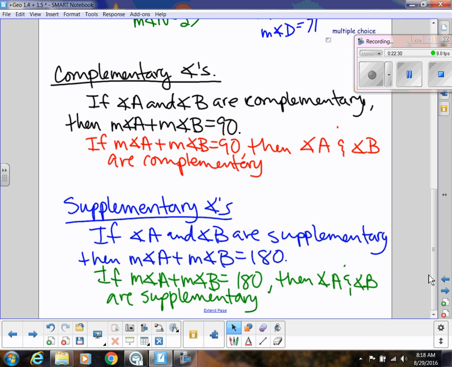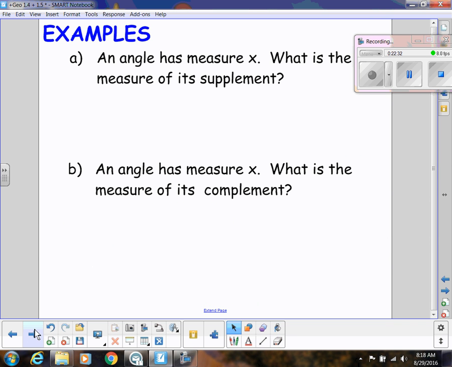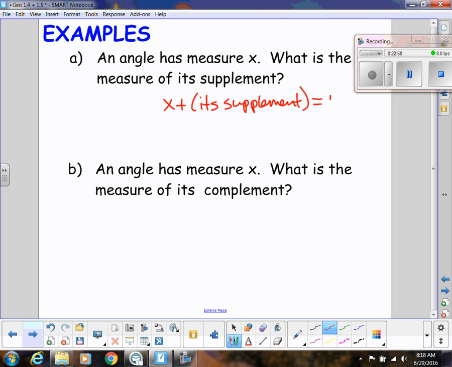Let's do a few more examples and then we'll be done with this lesson. So word problems will use these supplements and complements quite a bit, so we have to work on translating that. An angle has measure x. What is the measure of its supplement? So remember, when we talk about its supplement, that means x plus its supplement add up to be 180.